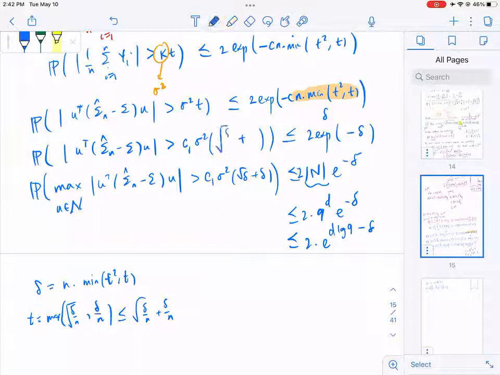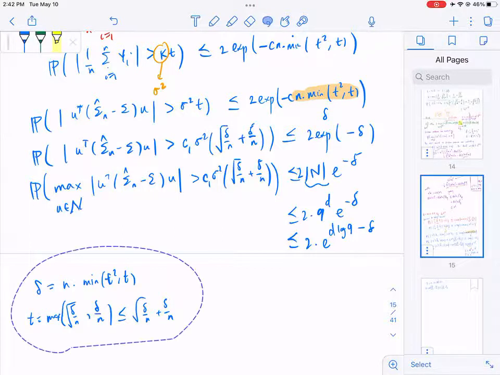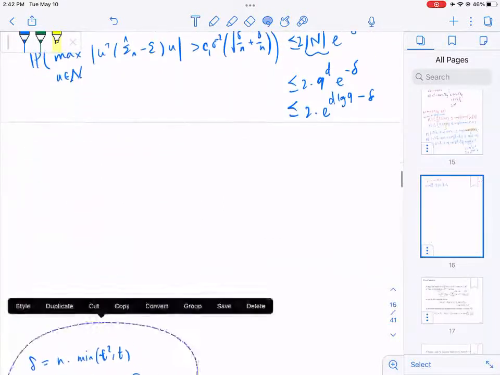So I get root delta over N here: C1 sigma squared (root delta over N plus delta over N). Now this is good. So let's move it down there.